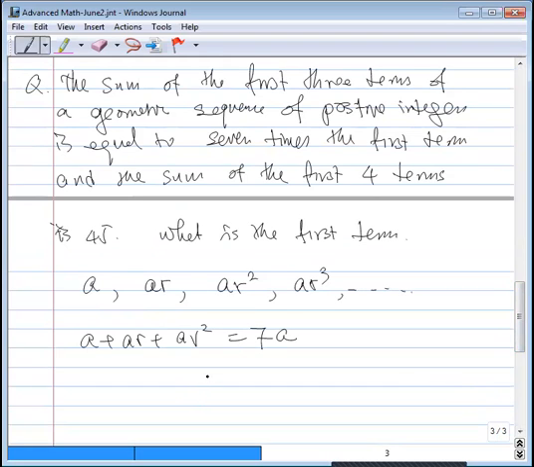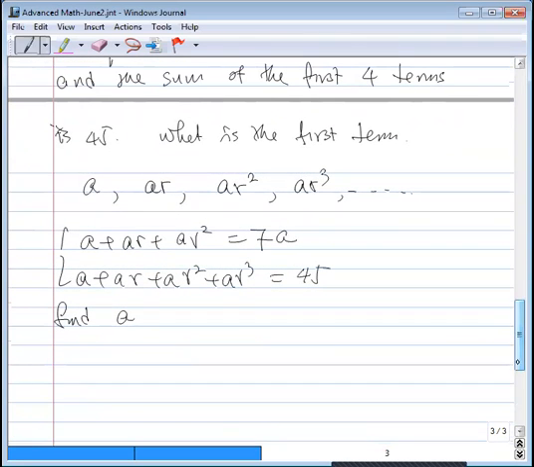Then the sum of the first 4 terms is going to be 45. We want to find A. This becomes an algebraic problem. Okay, and what is the best way to do that?